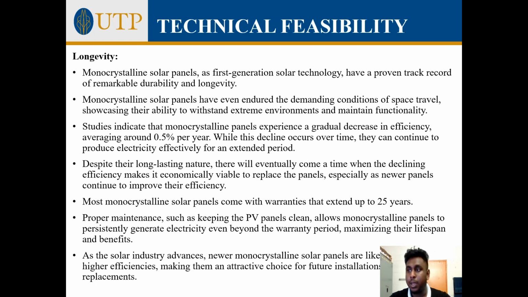Proper maintenance, such as keeping the PV panels clean, allows monocrystalline panels to generate electricity even beyond the warranty period, maximizing their lifespan and benefits. As the solar industry advances, newer monocrystalline solar panels are likely to achieve even higher efficiency, making them an attractive choice for future installation and replacement.